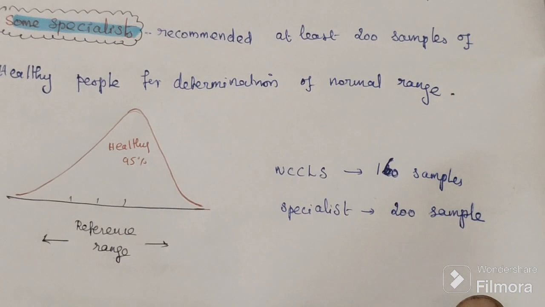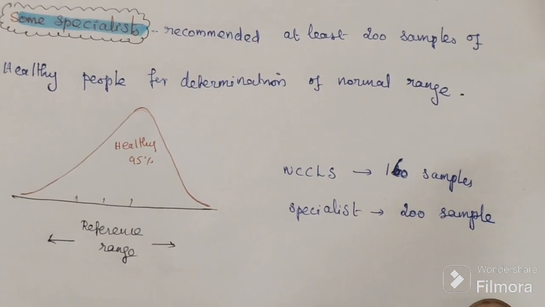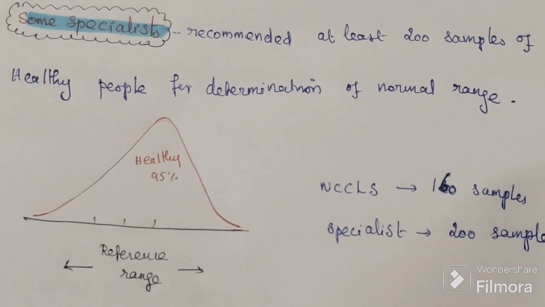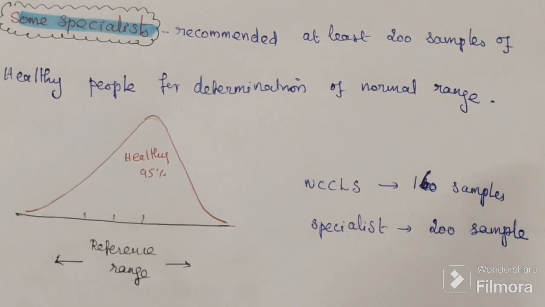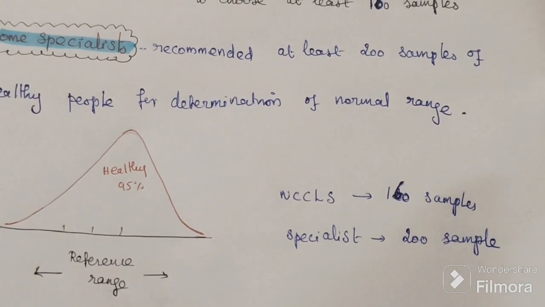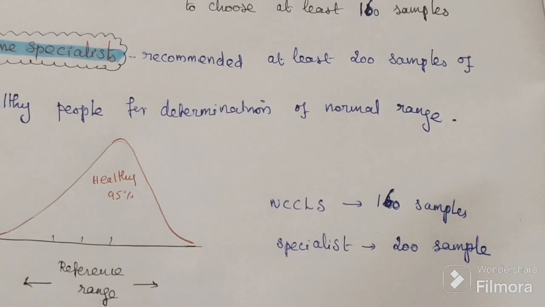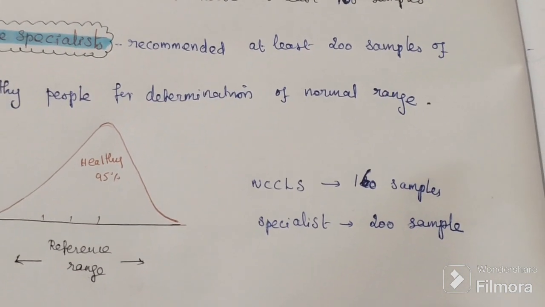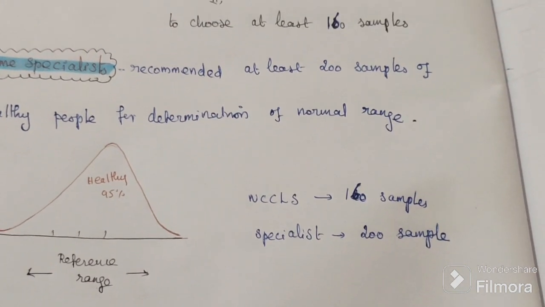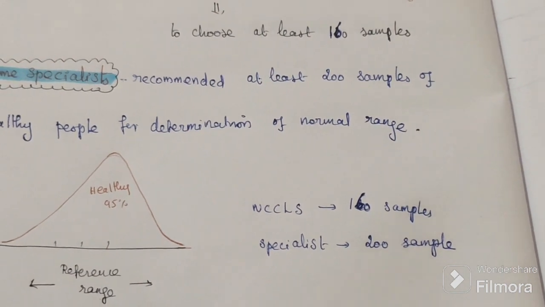Results are divided into a chart, and the region where 95% of results are situated is taken as the normal range. It is also called a reference interval, reference value, or reference range.